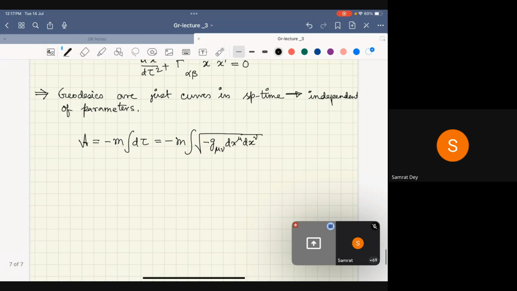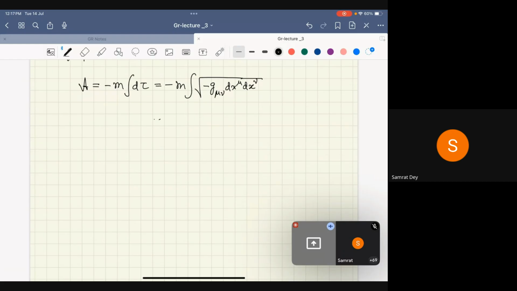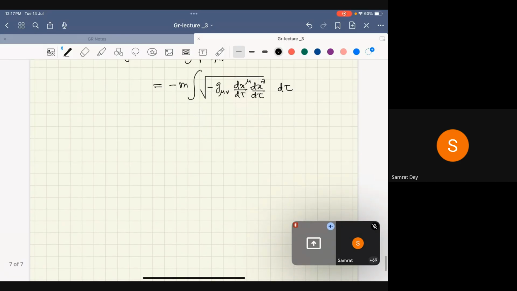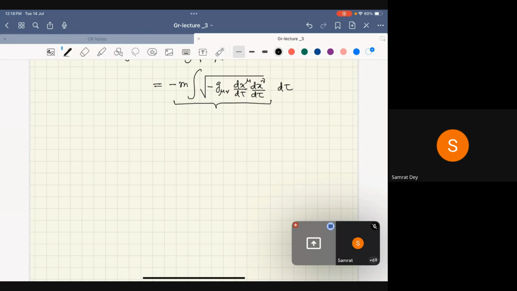And in the next step, we wrote, because we needed to parameterize it, as minus g mu nu dx mu d tau dx nu d tau, and d tau comes outside the square root. So this is parameterized. So this is what is called parameterizing with respect to proper time. And this actually led us to the geodesic equation.